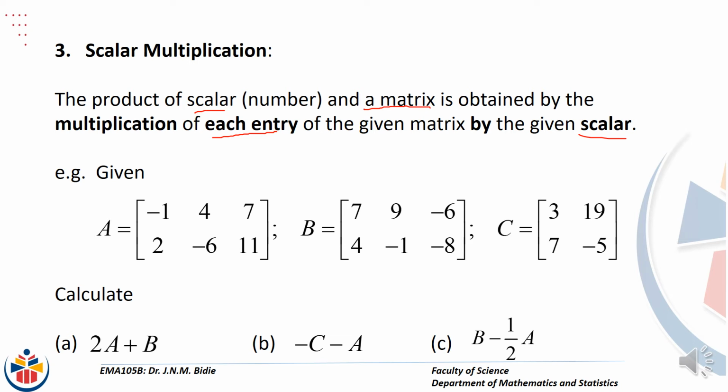Another person would first multiply half to each of those entries and then thereafter do the subtraction. So you'll all get the same answer. Please do that and see whether you'll be able to get the same answers.